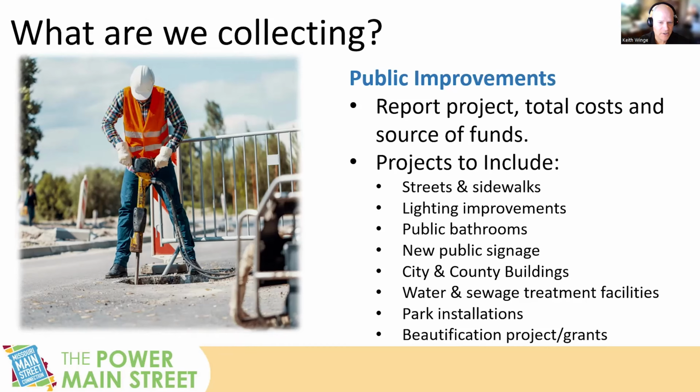And projects in this area would include all those things out in the public realm, owned by public entities: city, county, state, and federal. So this would include streets and sidewalks, lighting improvements, public bathrooms, new signage, any construction being done on city, county, but we could also throw in state or federal buildings if you have those in your district, water and sewage, park installations, beautification projects, those sorts of things.